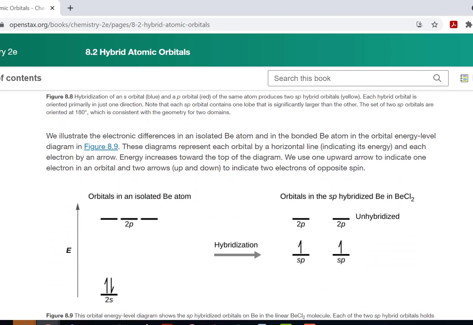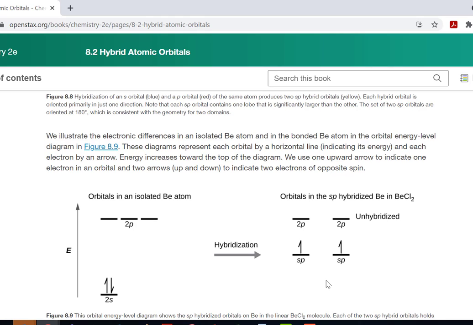Here we're showing what this looks like if we were to draw the electron configuration. Prior to the hybridization, on the atom by itself, we would have two electrons in an s subshell, and then we take that and combine it with one of the p subshells, and we are left with two p subshells that are, we say, unhybridized. So they are the same as what they started with. And when we combine them, we end up with something that's partway between the energy of an s and a p.